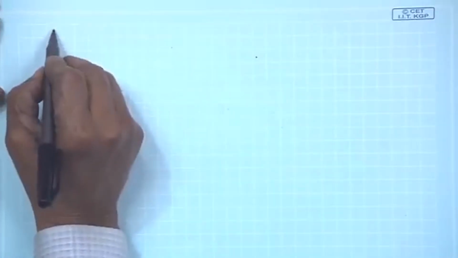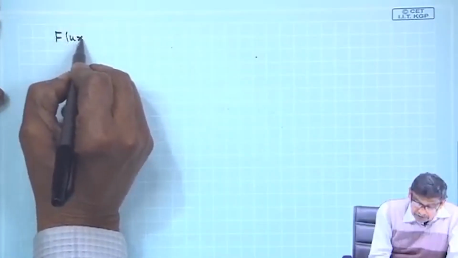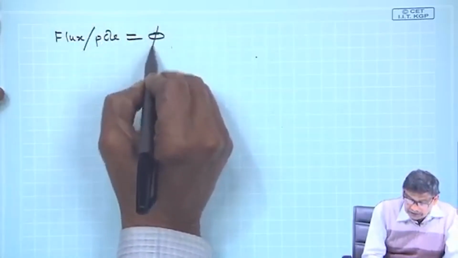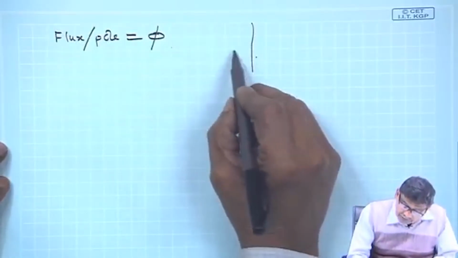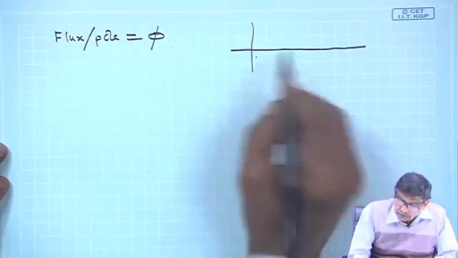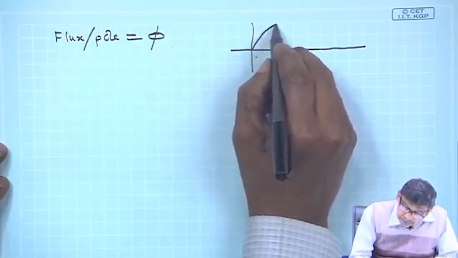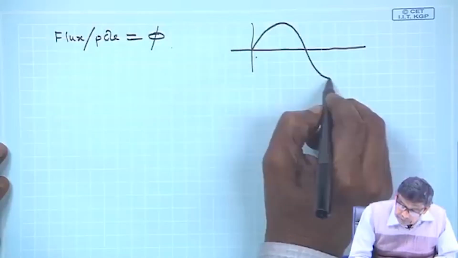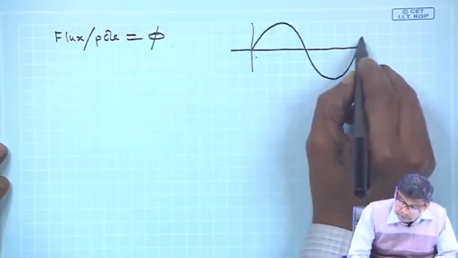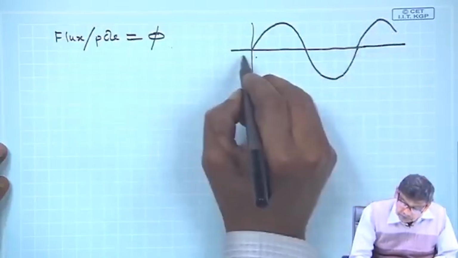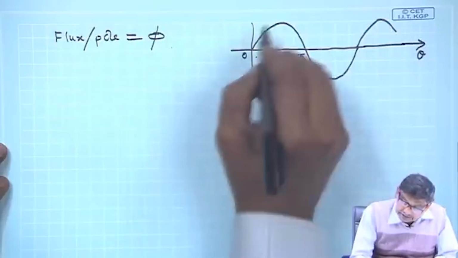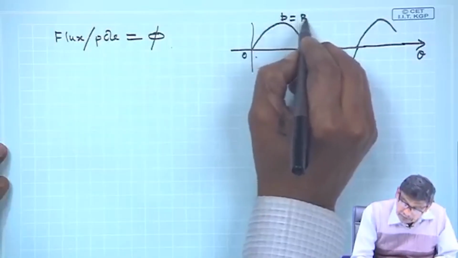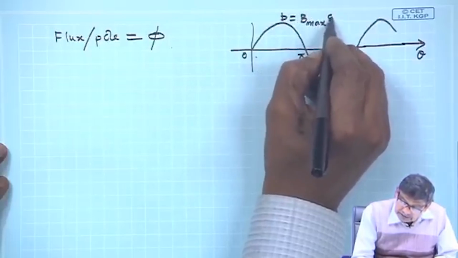Now, what is flux per pole? Flux per pole is denoted by phi, and as it indicates, flux is flux density into area. So, this is 0, this is pi, this is your electrical angle theta, and B is equal to B max sin theta.